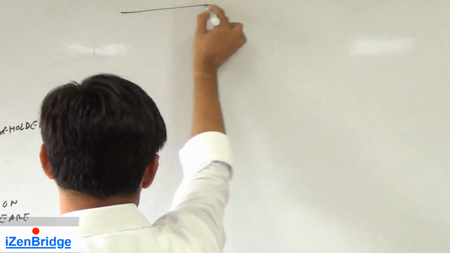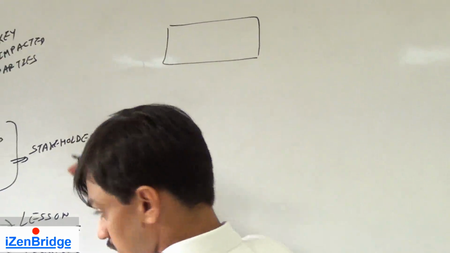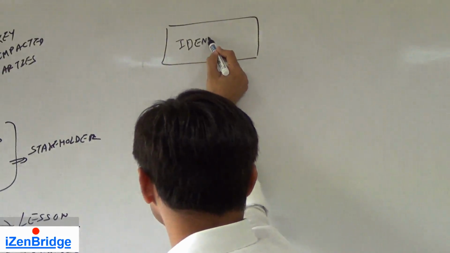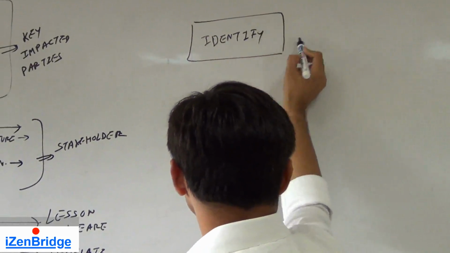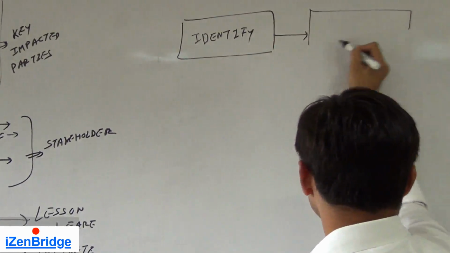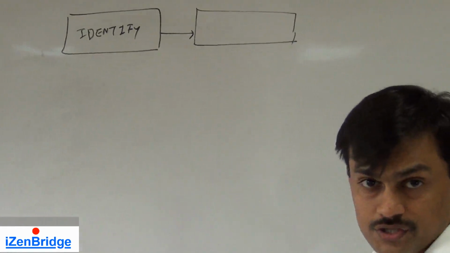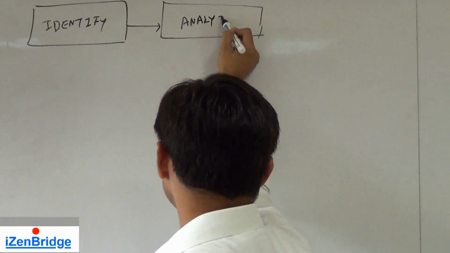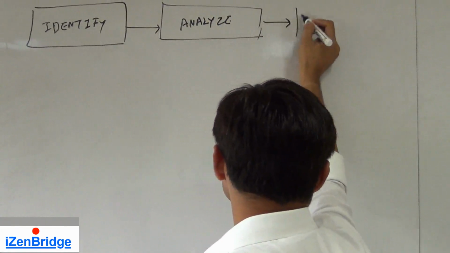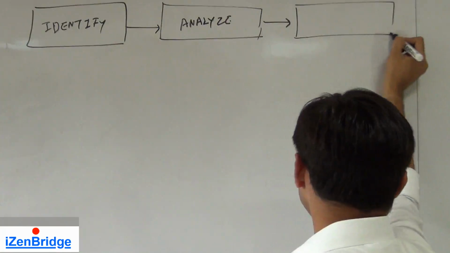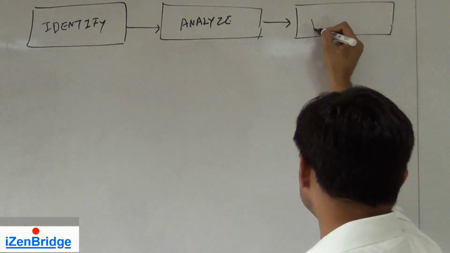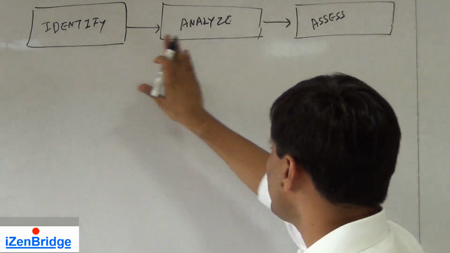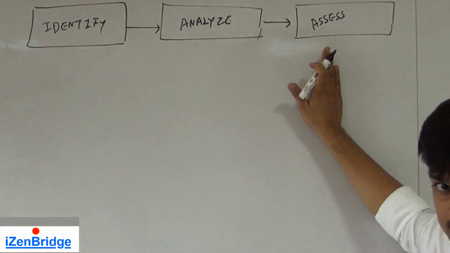We need to identify using these inputs, then we need to analyze, and then we need to do an assessment. So: identify, analyze, and assess.